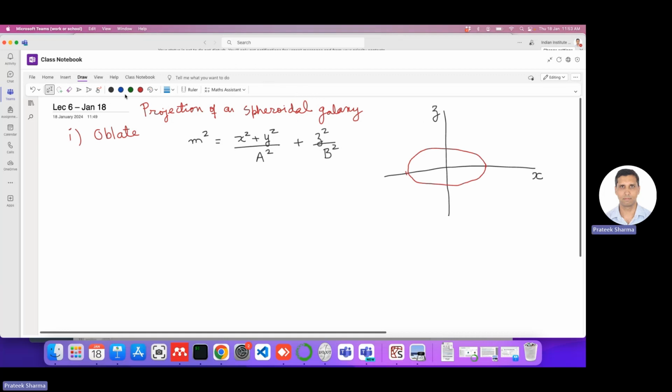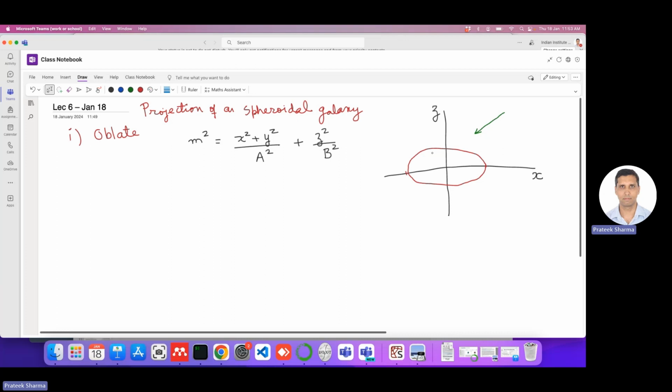and we are seeing this from some inclination angle i, and this is the direction of the line of sight. So m, the mass contours, the contours within which mass is m. You can think of mass or number density.